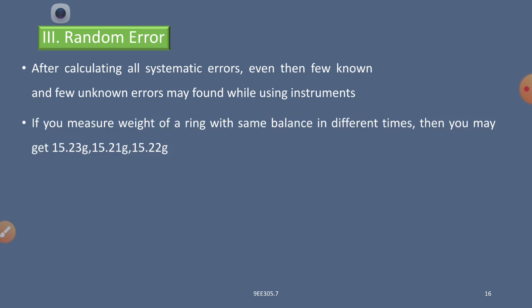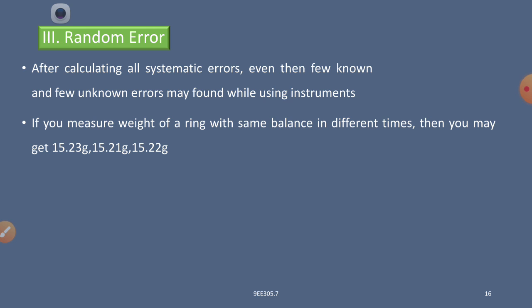Now suppose you have a small diamond ring, and you measure the weight of the diamond ring with the same balance at different times. Then you may get 15.23 grams, 15.21 grams, 15.22 grams. So we cannot avoid this; sometimes it will show.